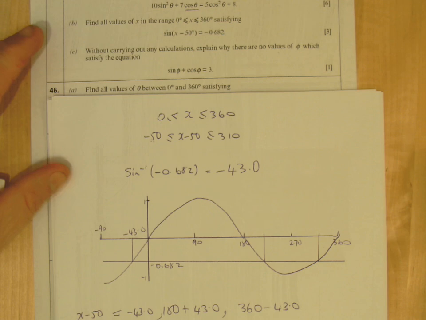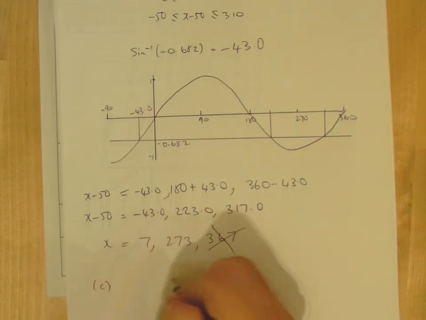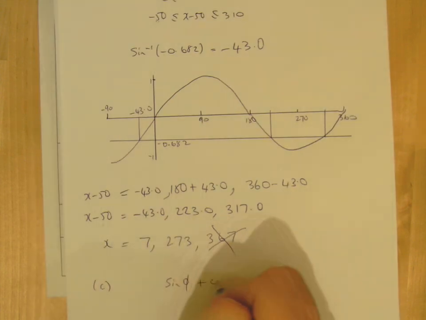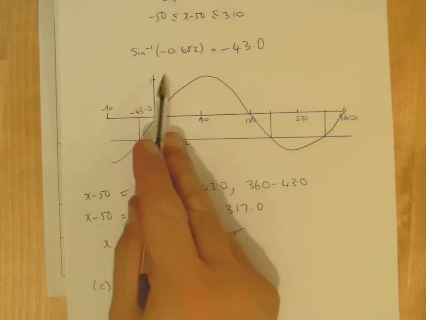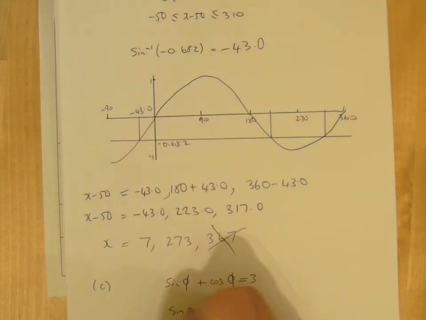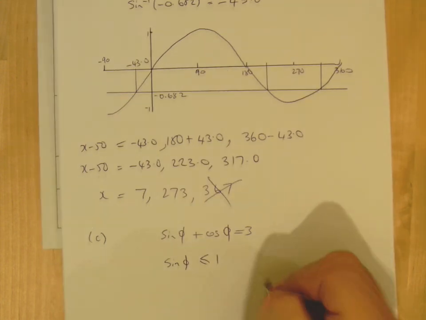Okay, finally, part C, without carrying out any calculations, explain why there are no values of sine phi which satisfy the equation sine phi plus cos phi is 3. Well, if you think about this here for part C, now think about what sine can be the most. You can only go up to 1, can't it? Sine is less than or equal to 1. Okay, and the same for cos.